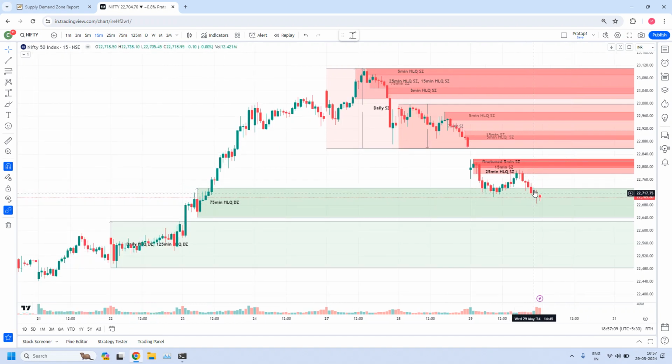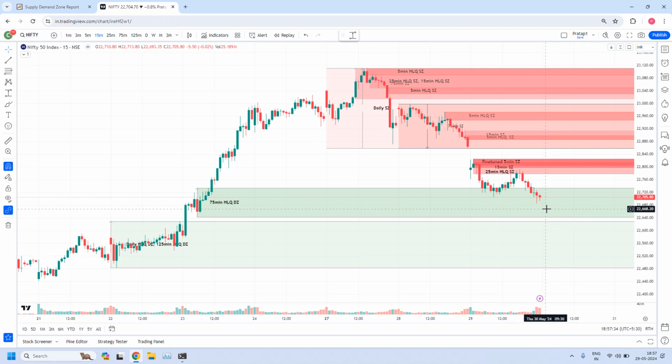But whatever it is, you have to follow the trend until a 15 minute supply zone is violated, whether this one or a newly created 15 minute zone tomorrow. Until one of the 15 minute supply zones is violated, you have to plan your short trades. The moment the 15 minutes trend is violated, then changes will take place.